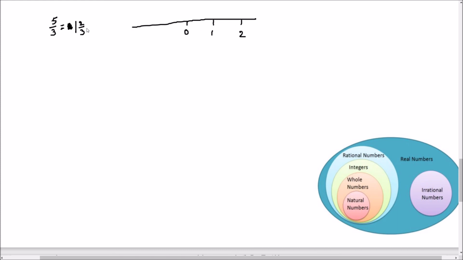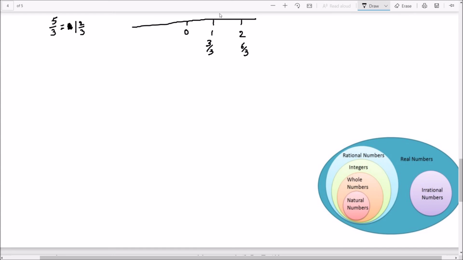So here, again, we have to observe the denominator. Based on the denominator, we should consider our numbers. So here the denominator is 3. After 1, the number will lie after 1. So 1 I can write as 3 by 3, and 2 I can write as 6 by 3. When we cancel again, we will get 2.